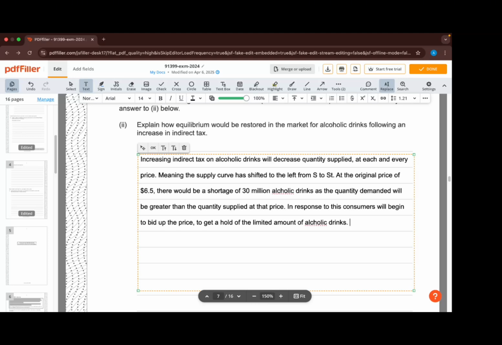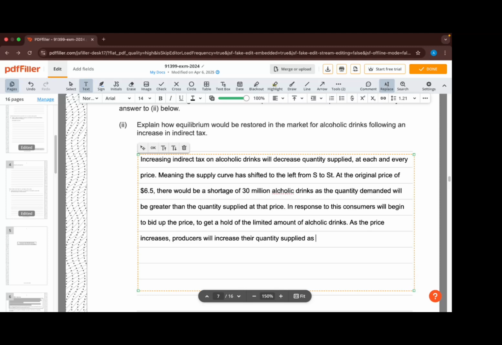As the price increases, producers increase their quantity supplied.